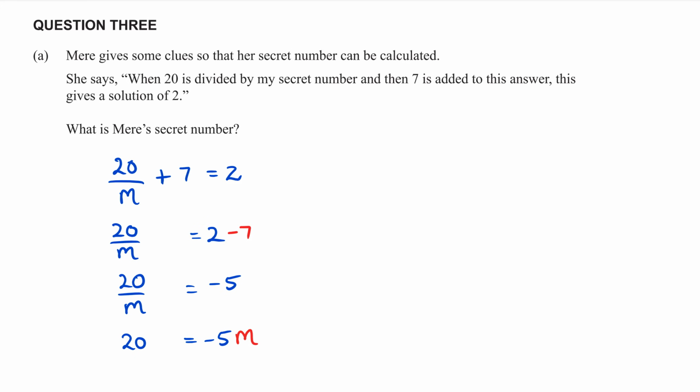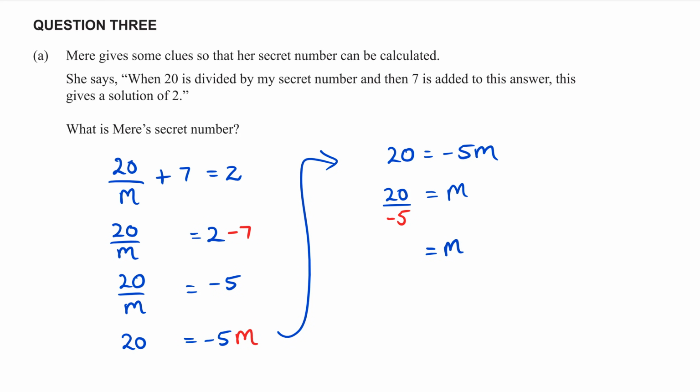From here, I can rewrite this as 20 equals negative 5M, and then M is equal to 20 divided by negative 5, because negative 5 is getting multiplied by M on the right-hand side. So then M is equal to negative 4. Cool. So this question is worth an achieved grade, and there are no extras. You've got to get the right answer there, guys.